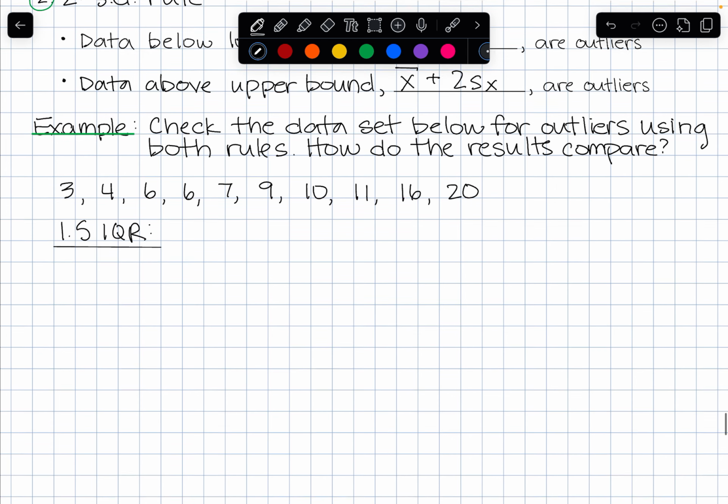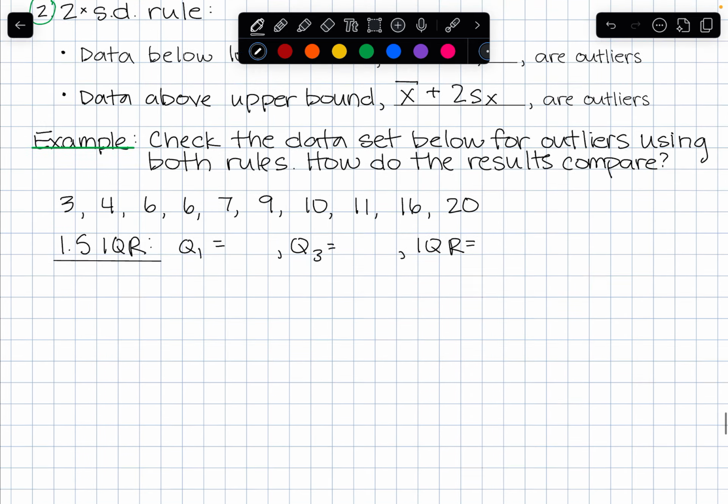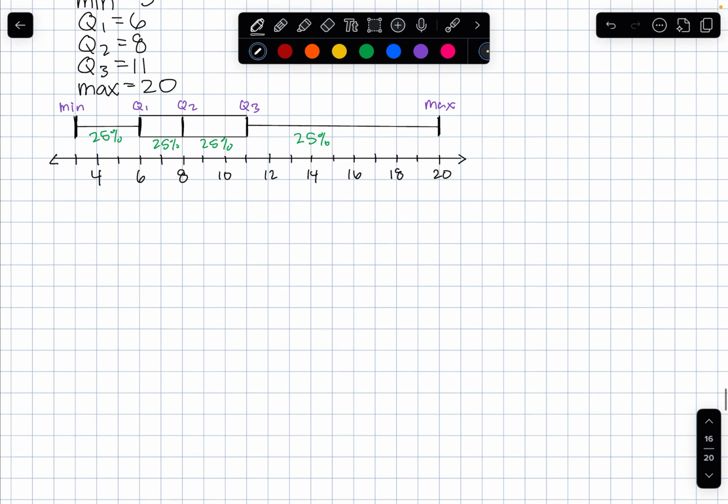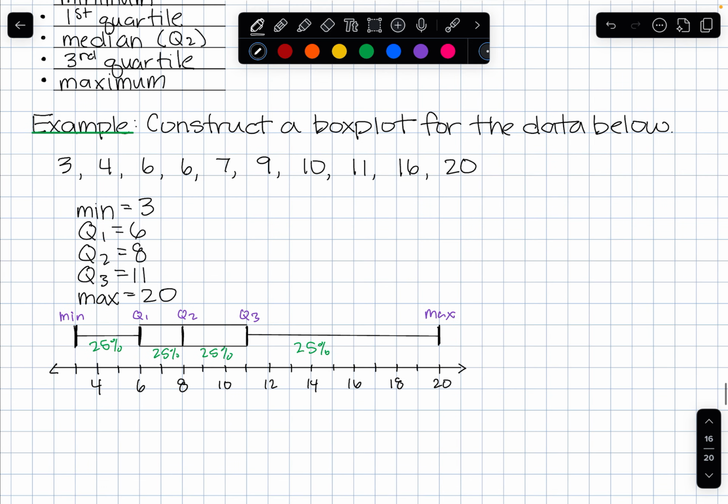For the 1.5 IQR rule, I need Q1, I need Q3, and I need my IQR, which is the difference. We calculated those in our last example to build our box plot, so let's go back up to our last set of notes and check. So for this data set, we had lower quartile of 6, median of 8, upper quartile of 11.